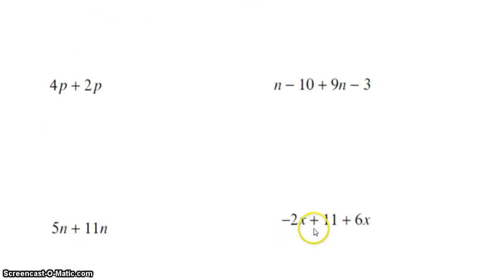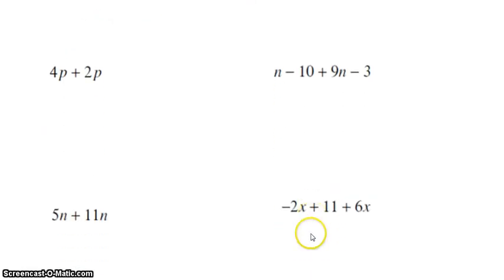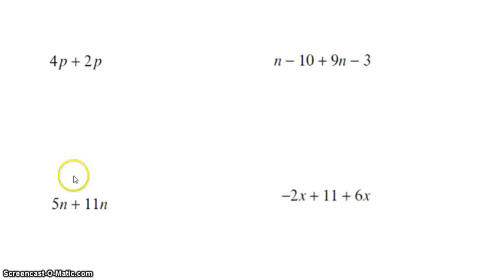So we're going to go down here, and I've got various different expressions, and we are simply going to go over combining like terms. That means we are going to take the terms of an expression and simplify the expression based on the parts that are the same.